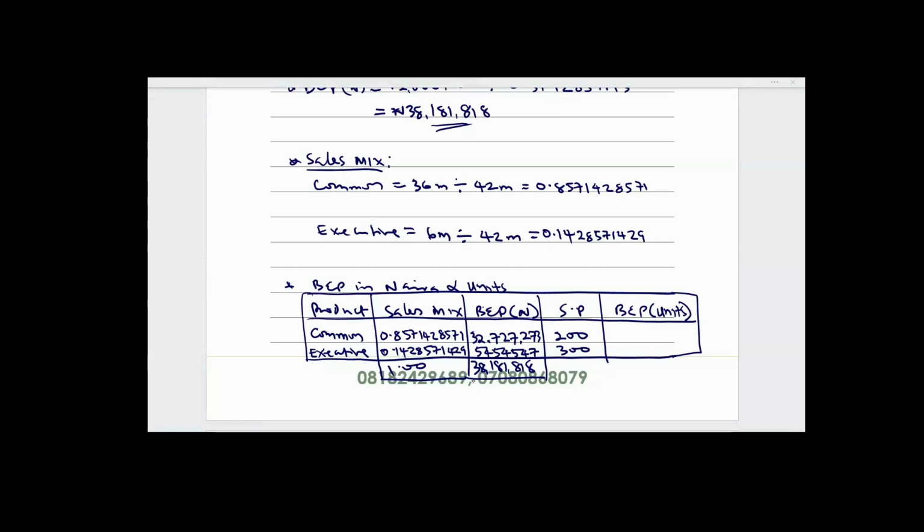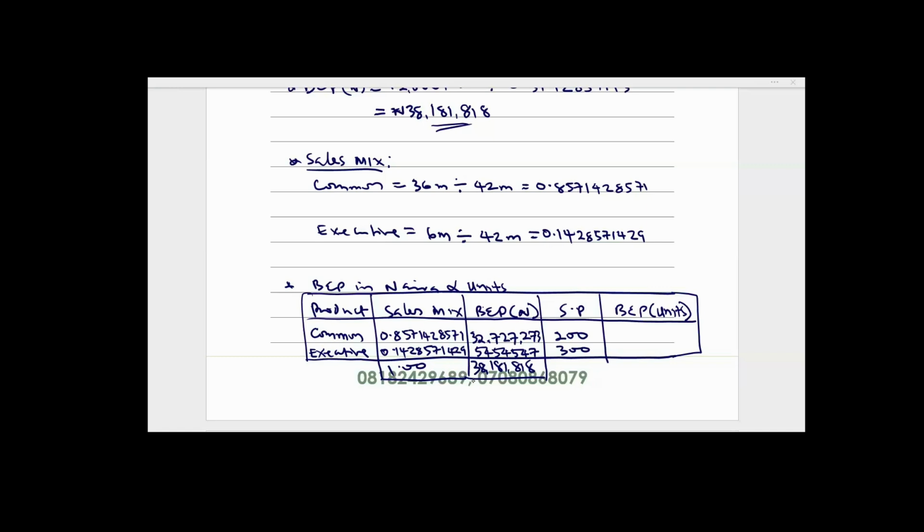So it's not balanced. That means the percentage in our sales mix is different. It's not equal to 1. That's why it's not balanced. I have 38,181,820, so it's over by 2. So let's redo it.